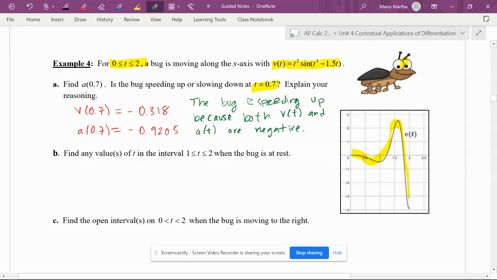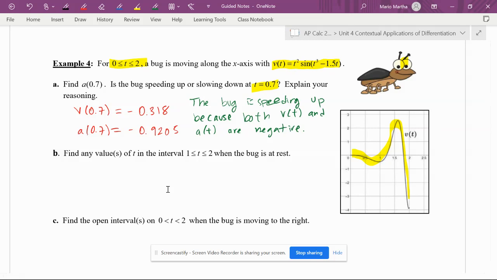All right. So remember, if both are negative, that means it's going faster, right? It's gaining speed. Okay. And then find any values of t in the interval between 1 and 2 when the bug is at rest.